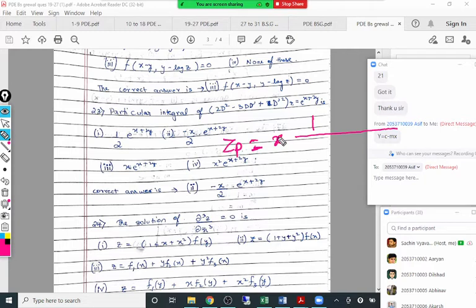As we are multiplying by x, we should differentiate the denominator with respect to D only. So the derivative of 2D square is 4D. I'm saying this is only for exponential, not for trigonometry. Minus 3D dash, and this D dash square, as we are differentiating partially with respect to D, I think it is 0.